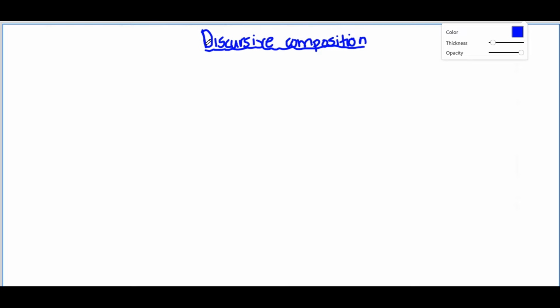Now we need to look at what we are supposed to write as we are dealing with such kind of composition. Number one, you need to look at the other names for this composition. We can call it a discursive composition.